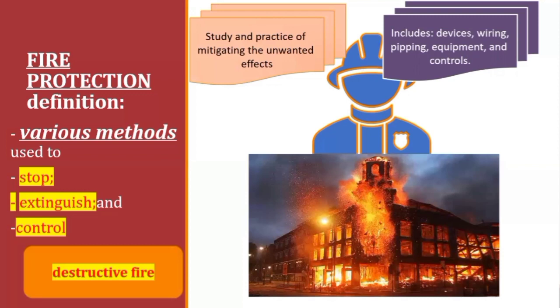Especially when the fire is still small, make sure that this fire will not become stronger and bigger. The only way to mitigate the unwanted effects is to stop the propagation of fire, to extinguish one of the elements of fire, and also to control the fire so that it will not reach other properties or even other buildings.